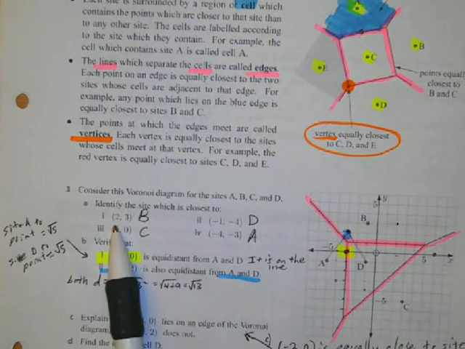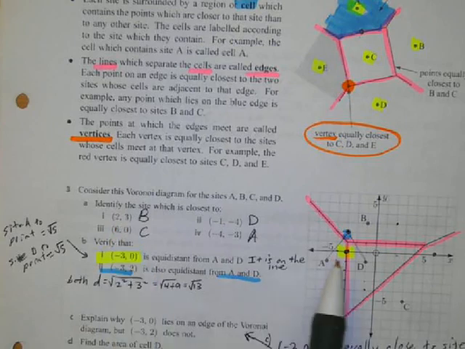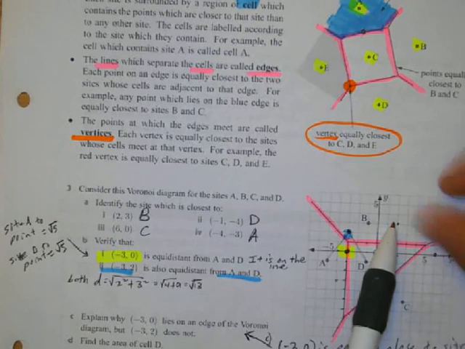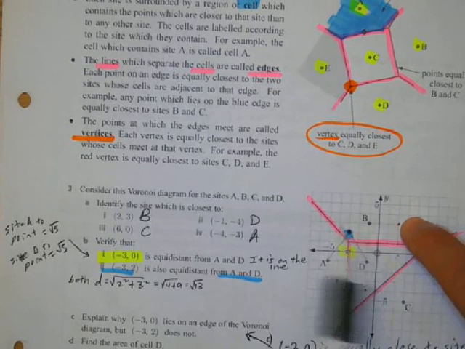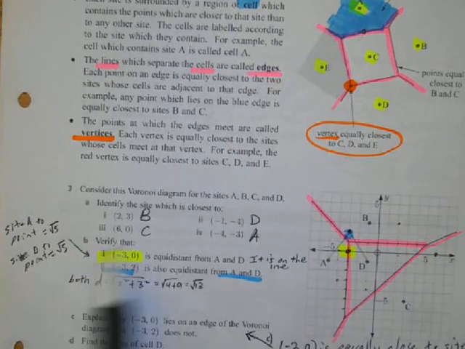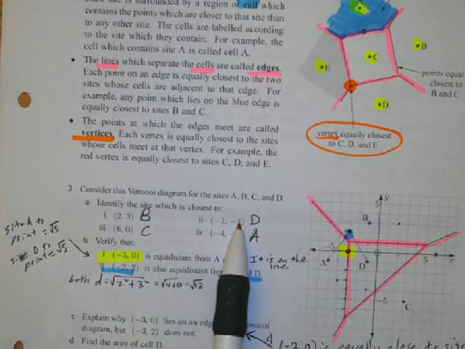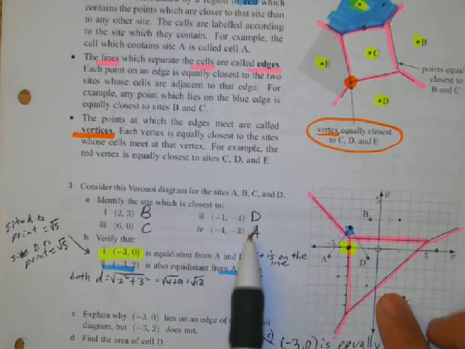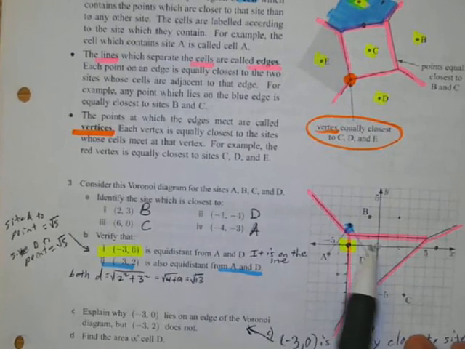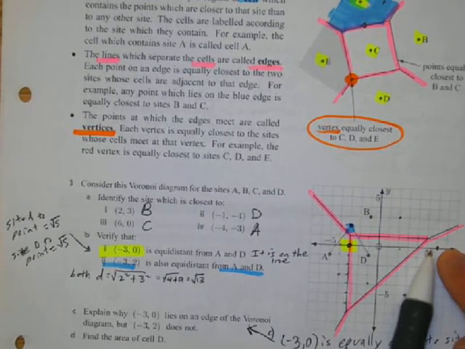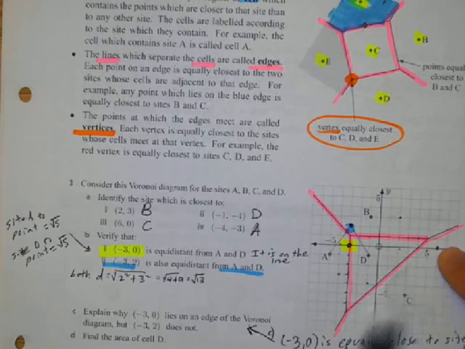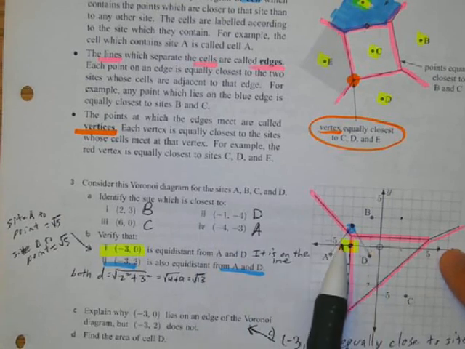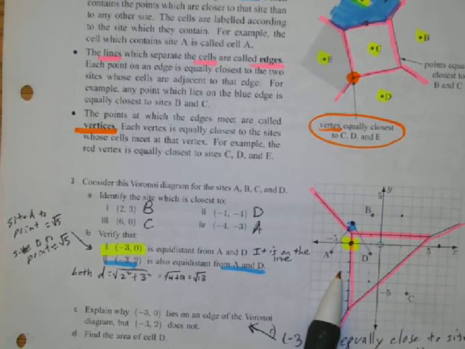If I've got (2, 3), that is up here, and you can see that I'm in the cell that has B in it. (-1, -4) is right there, so you can see that that point is in D. (6, 0) is right there, so I'm in cell C, and (-4, -3) is right there. So this point that I'm pointing at is in cell A.